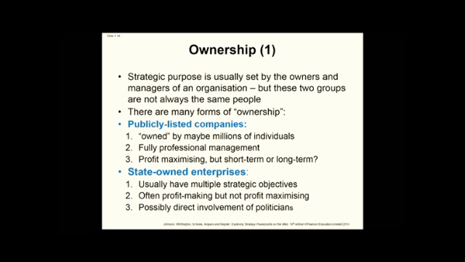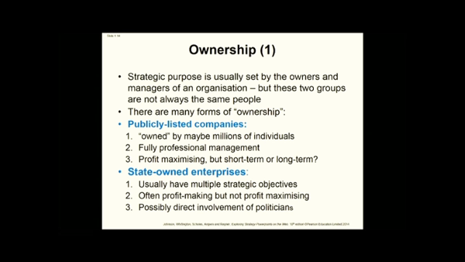Then we have state-owned enterprises, organisations that may be like companies. They may be a direct government department, but they're owned usually directly by government. Such organisations very often have multiple strategic objectives. If you're the Australian Tax Office, in broad terms, you've got one objective, and that is to collect all the tax which is legally due to the government.